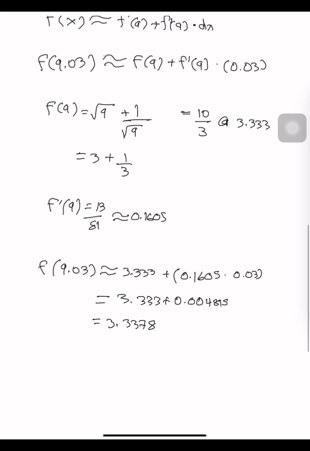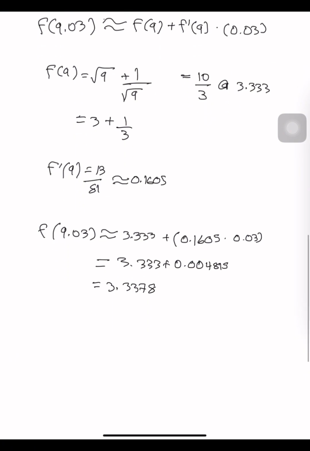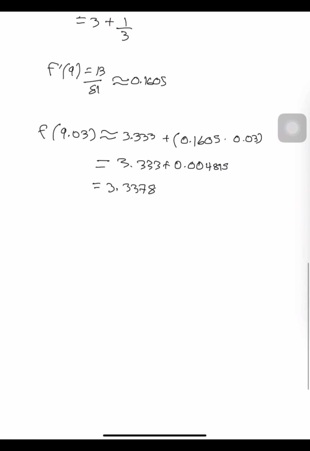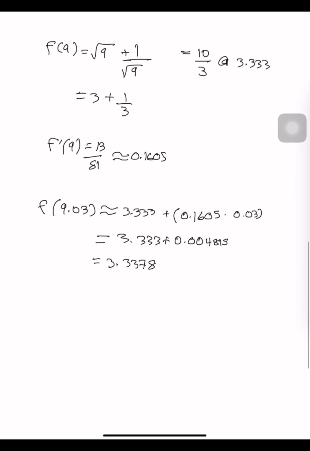We simplify that and we get 3 plus 1 over 3, so the answer is 10 over 3 or 3.333. For f prime of 9, the answer is 13 over 81 or 0.1605. We put all the calculations back into the formula, and we get the final answer, 3.3378. That's all from me.